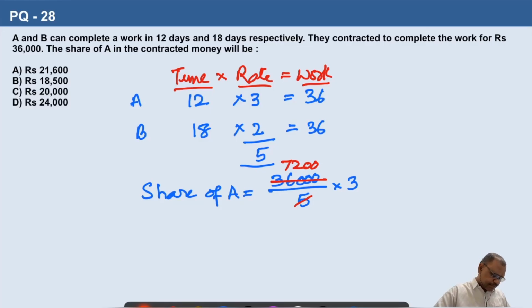Simplify this. 3 2 6, 3 sevens 21. 21,600 rupees. This is the share of A. Option A is the right answer.